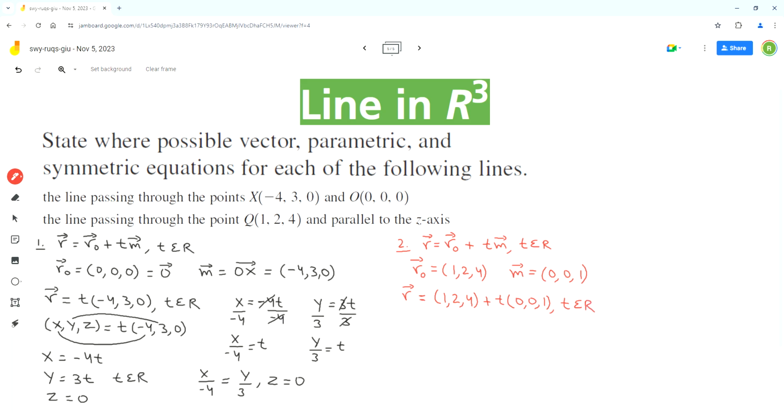Next, we can write the parametric equation for this line, and for that we'll have to use point x, y, z as an unknown point that lies on the line.